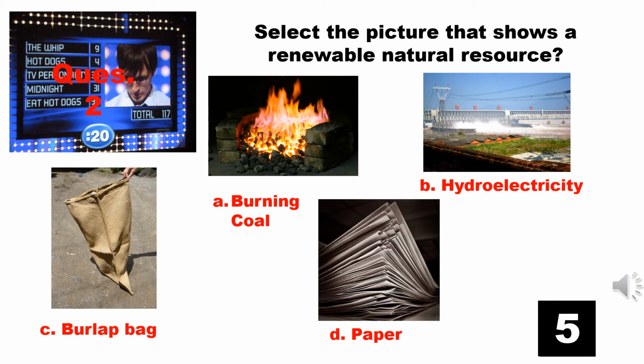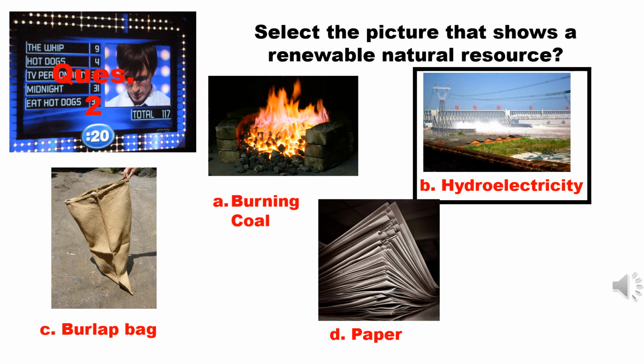Okay, so question number 2 asks, select the picture that shows a renewable natural resource. Are you ready? The timer is going to count down. Aha, and your answer was hydroelectricity.